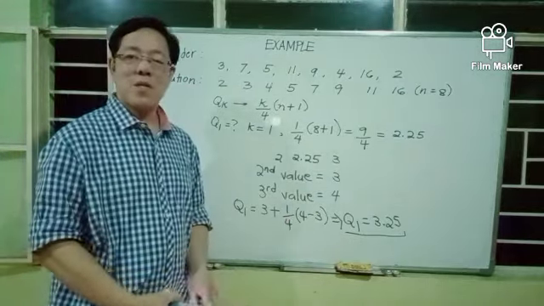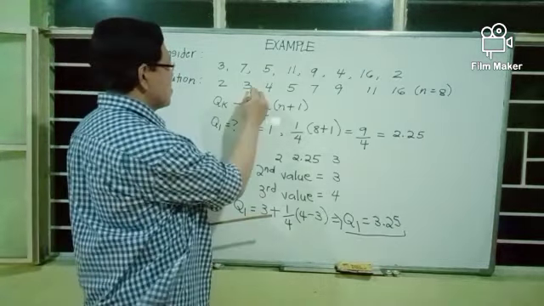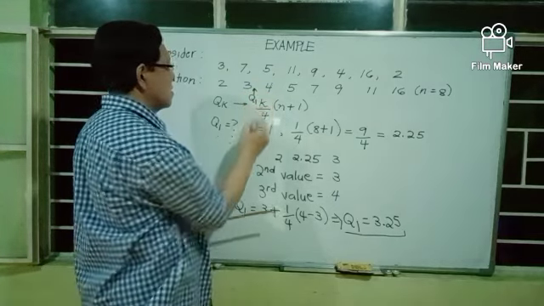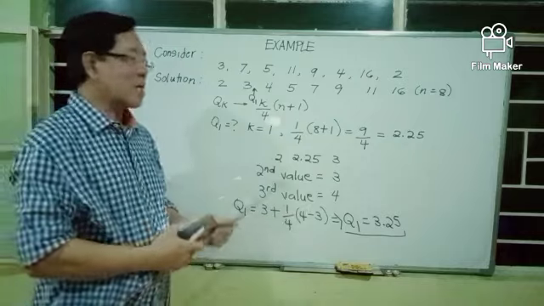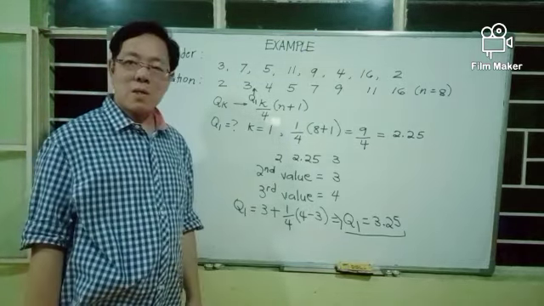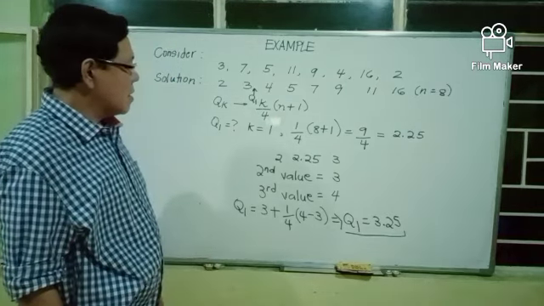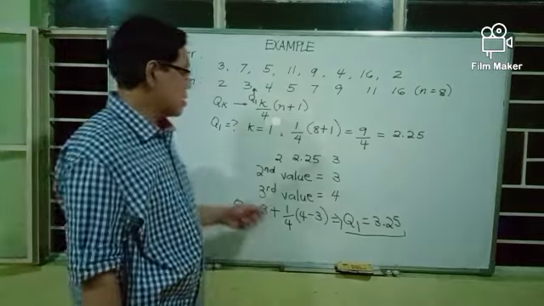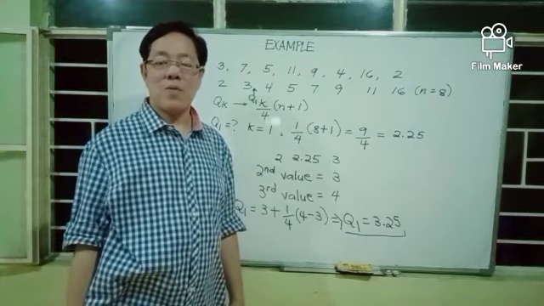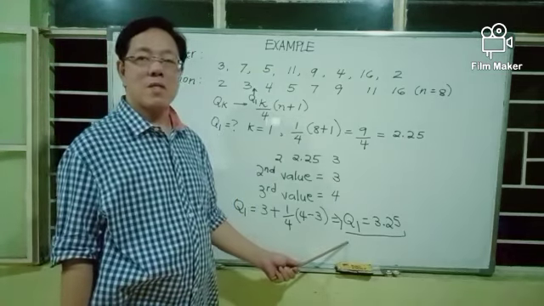The value of the first quartile is 3.25, and it is between 3 and 4. Now you can check, we said that at most one-fourth of the values are below or less than the first quartile.